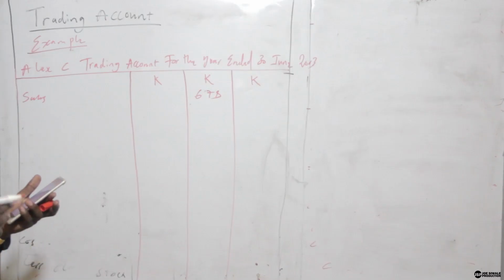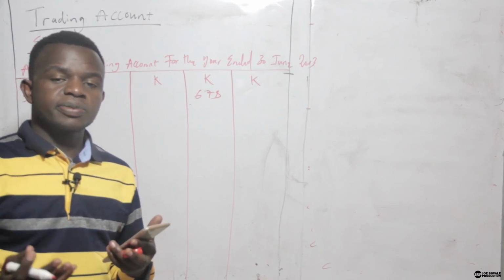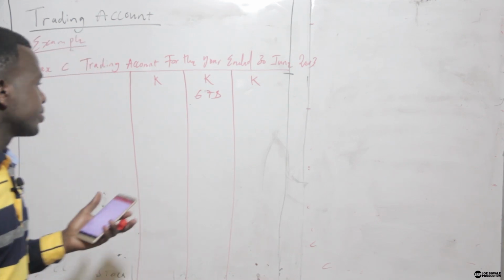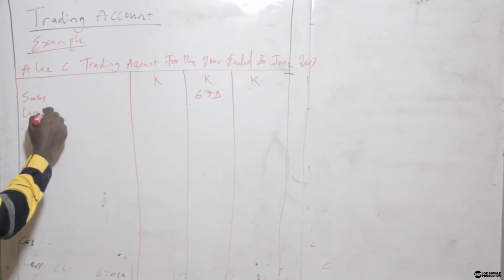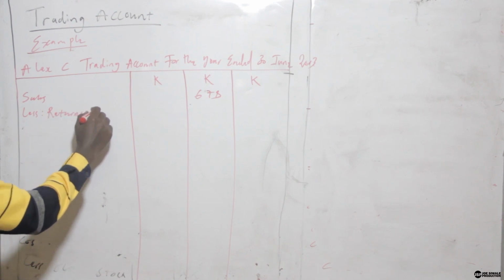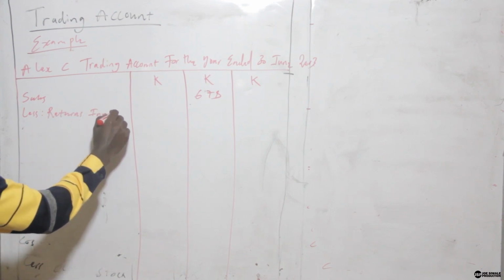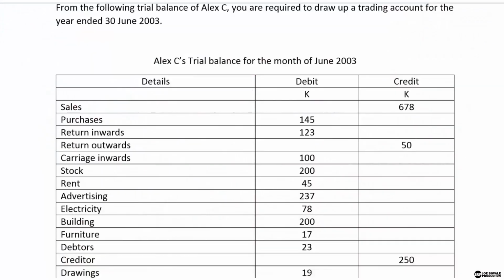And since we have our returns inwards in our question, that means that we're supposed to subtract them from sales. So we are going to say less returns inwards, and this amounted to 123.